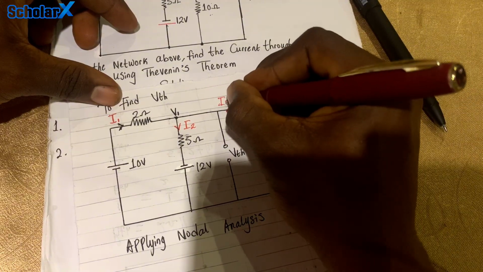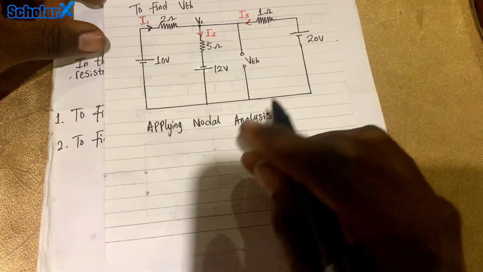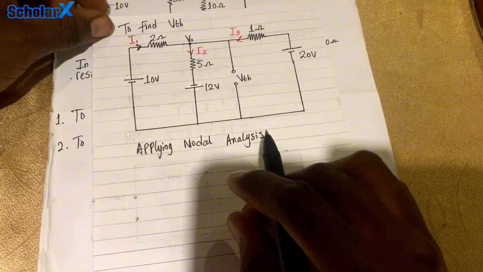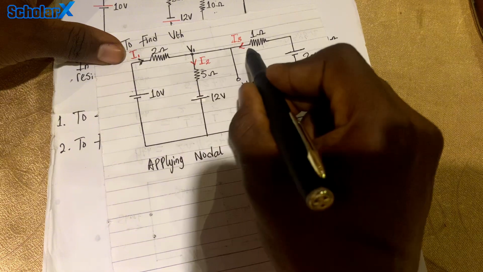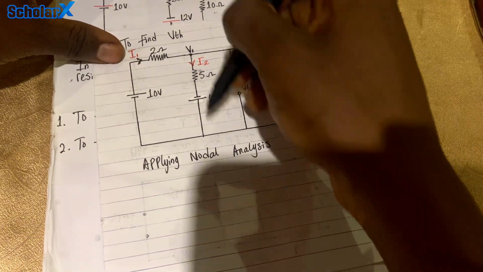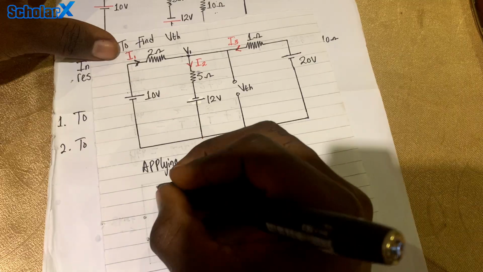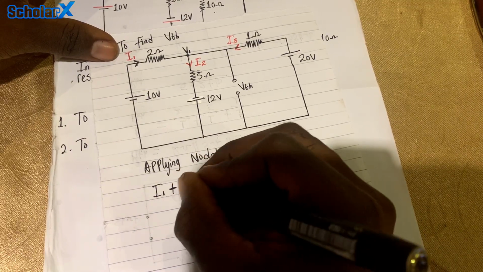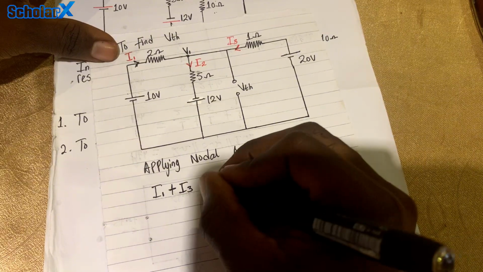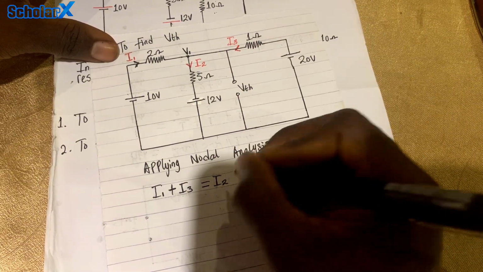Let's call this I3. We use Kirchhoff's current law in nodal analysis. So current entering, I1 and I3, is equal to current leaving, I2.